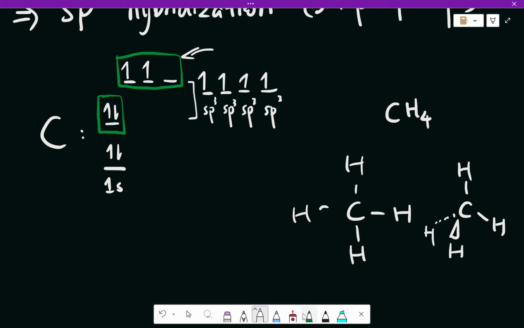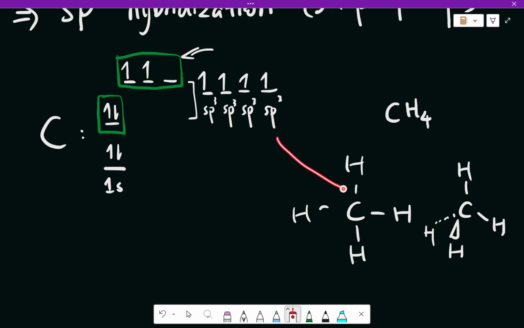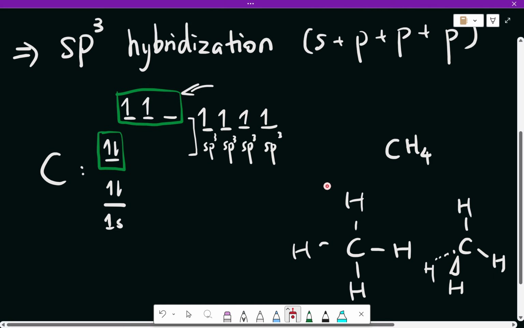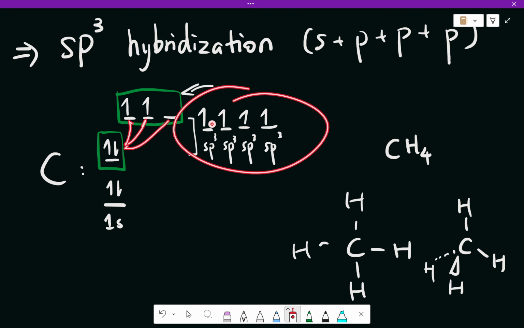And this model right here explains how a carbon could bond to 4 hydrogen atoms, while this model right here cannot explain that fact, because these 2 atoms supposedly do not participate in the bonding process because it is a full orbital. So by hybridizing these 4 orbitals together, we form 4 half-filled bond orbitals that could participate in the bonding process, which creates a tetrahedral shape.